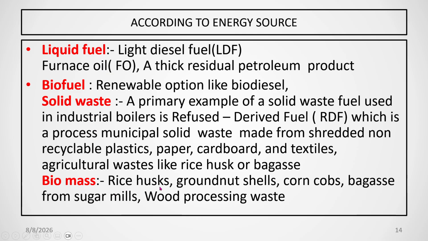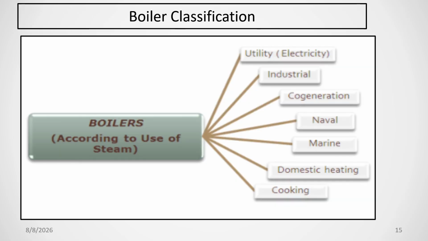That is called solid waste. And biomass, like rice husk and groundnut shell. After taking the groundnut out of the shell, the shell can be used as a fuel in boilers. Then corn cobs, bagasse from the sugar cane, and the dust from wood mills can also be used as biomass fuel in boilers.